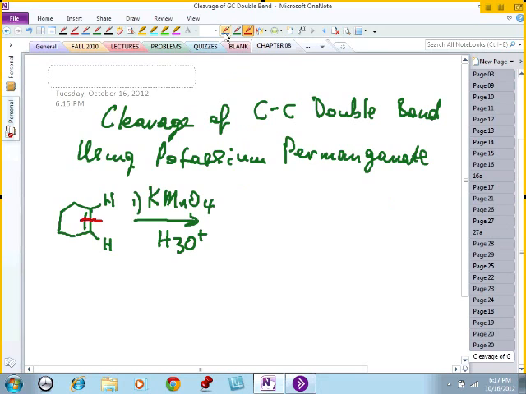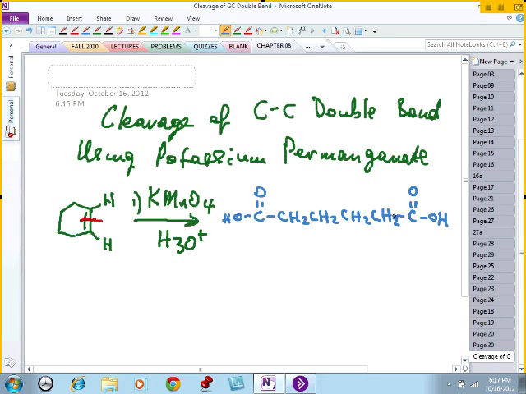We get this molecule here. We get a dicarboxylic acid.